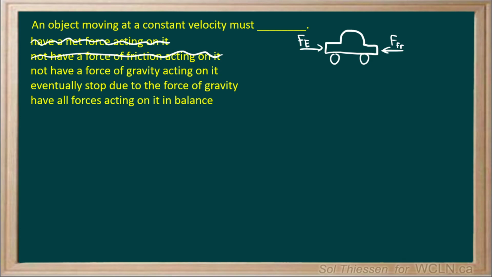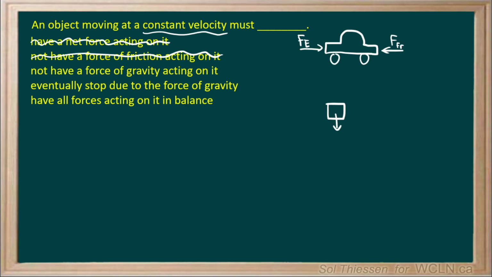Next we have not have a force of gravity acting on it. And again, we can disprove that using an example. We think about a box sitting on the surface of Earth. The force of gravity acts on the box, but then equal and opposite to that force is the normal force. Oh, sorry, actually we're considering a case where the object is moving at a constant velocity. So let's think about a box that is free falling but has reached terminal velocity.